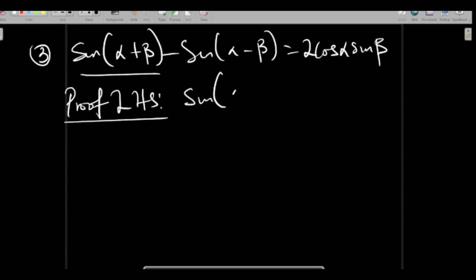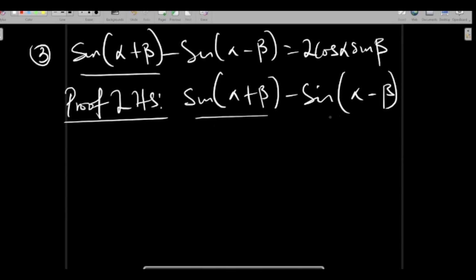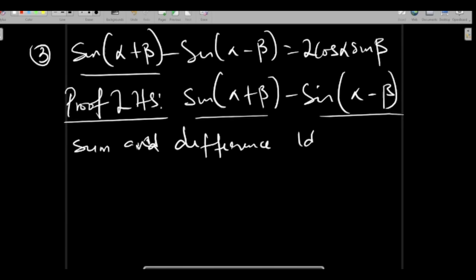We can copy it down. Here we have sine alpha plus beta minus sine alpha minus beta. Now we have to understand that this is a sum and difference identity. To simplify this expression right here, you need to know what we call sum and difference identity.